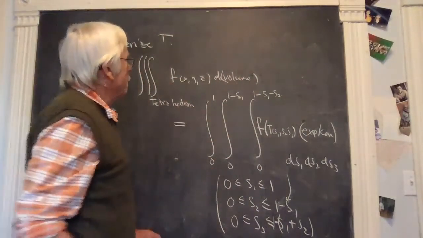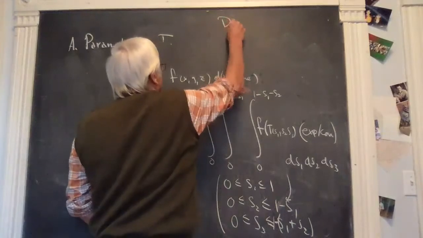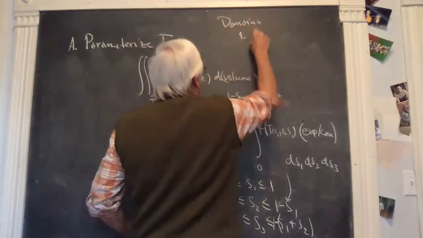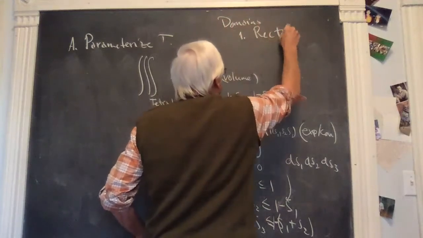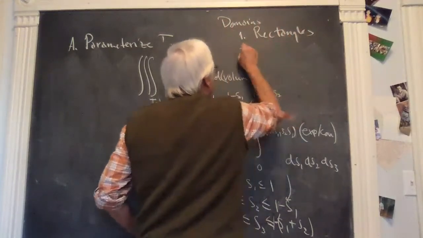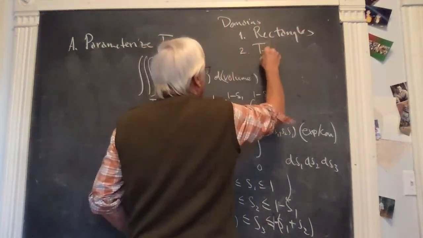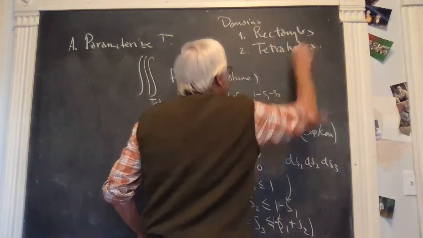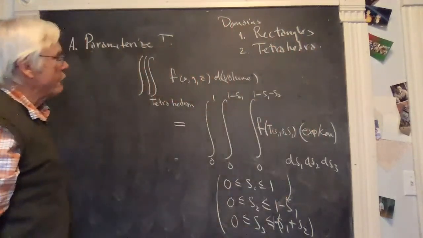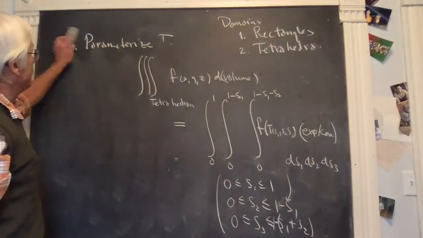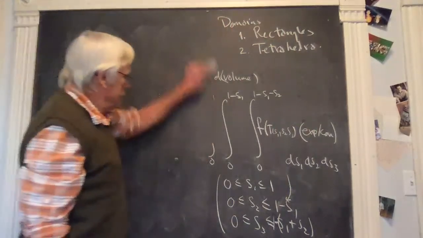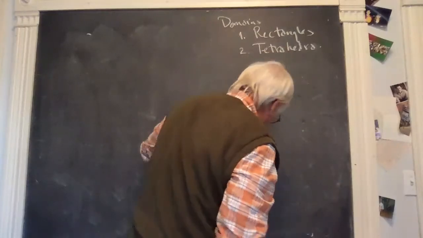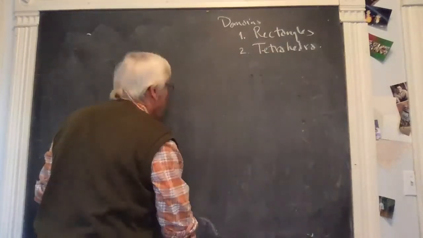So far the shapes, the domains that we talked about are first of all rectangles, arbitrary rectangles, arbitrary tetrahedra. So we've got 2 more to deal with, which I'll talk about next time.